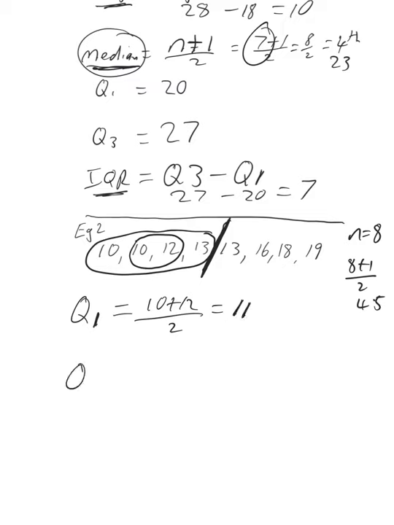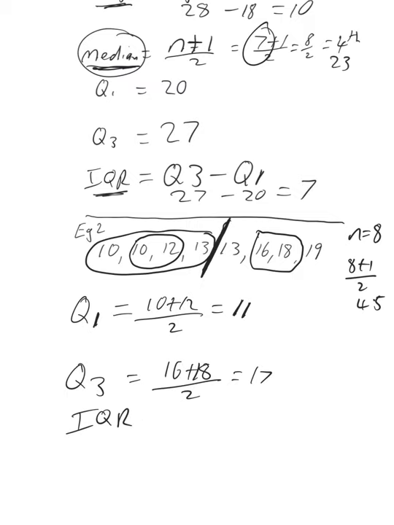Over here we've got Q3. There's our middle 2 pieces of data on the top half of the data. So that's going to be 16 plus 18, divided by 2, and that's going to be 17. So our IQR will be 17 minus 11 equals 6.